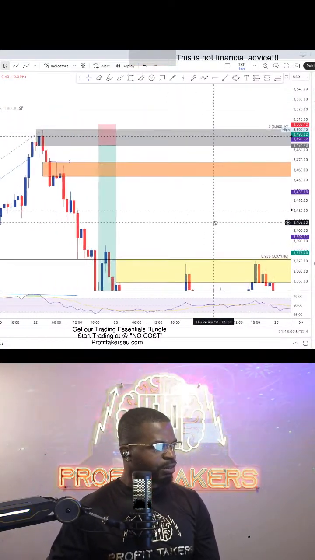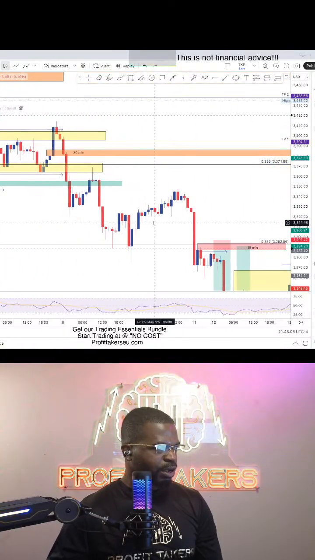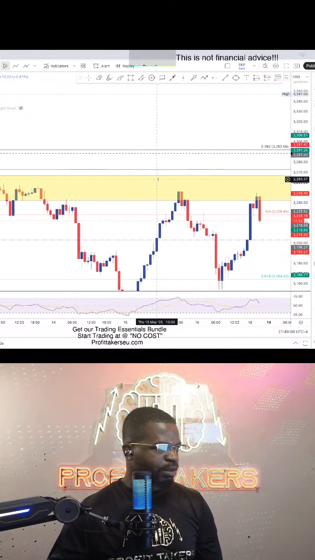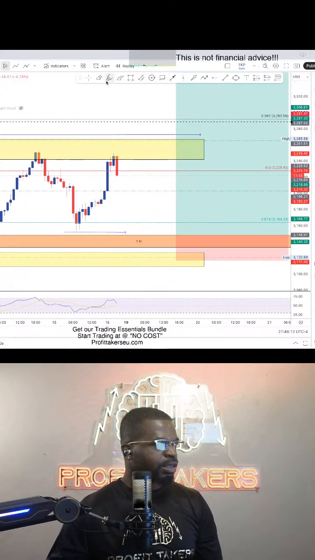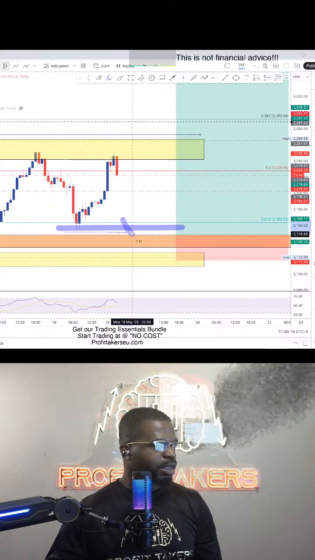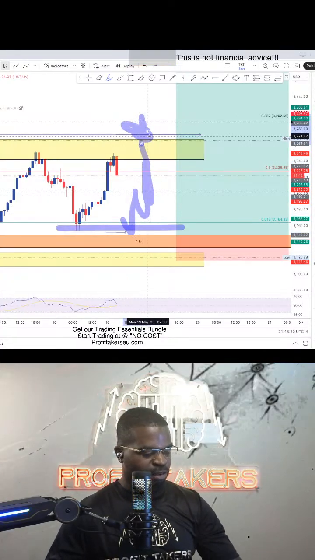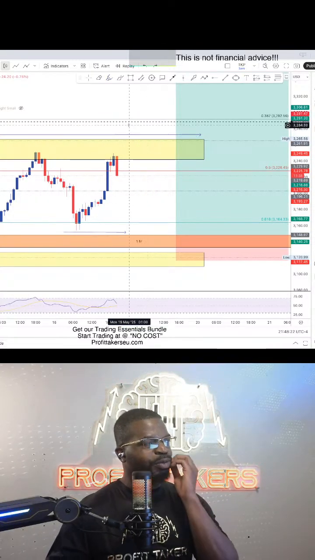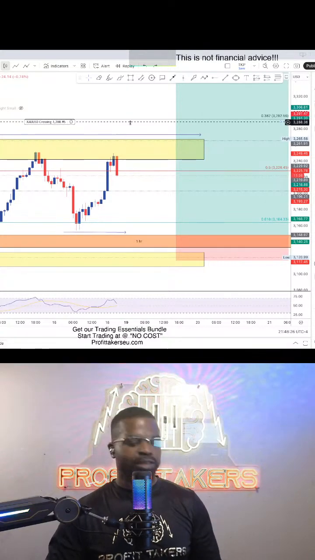It formed, but price never pulled back to retest it. Okay, so right here where we are with current price, if this thing creates support right here around this 618 and breaks above this high, there's a good chance that we can see a nice bull run on gold for the next couple of weeks.